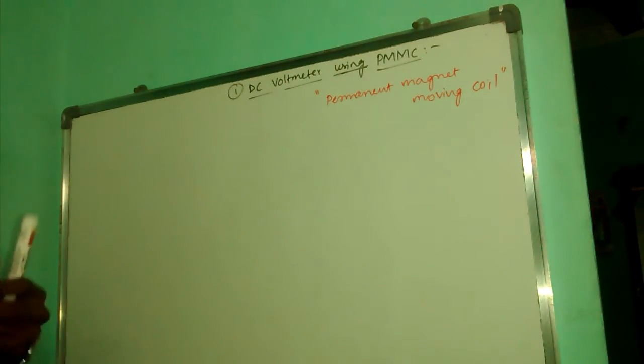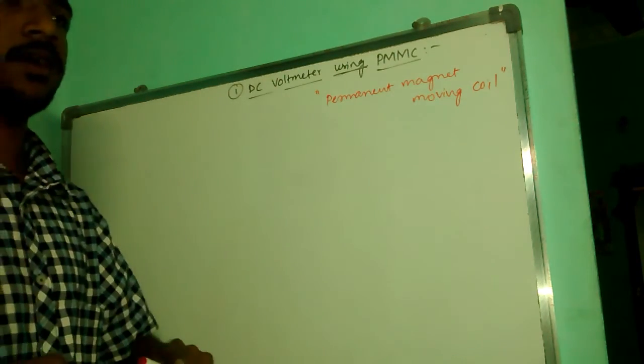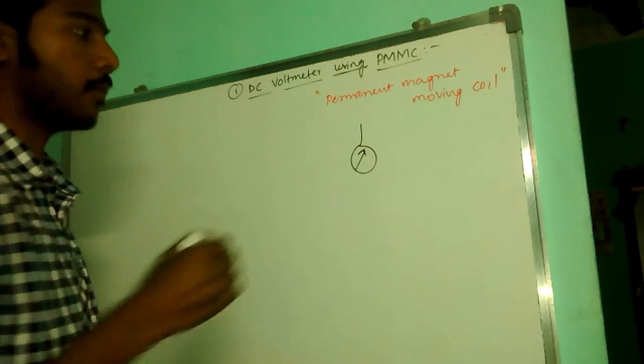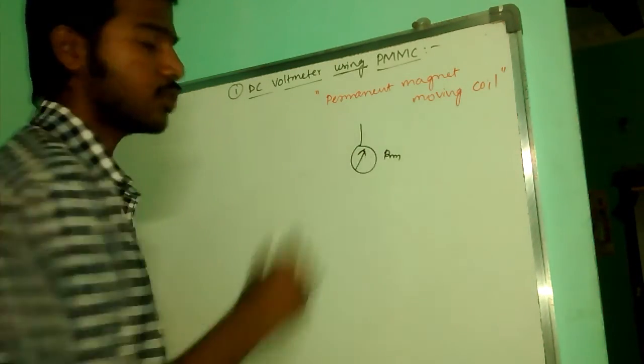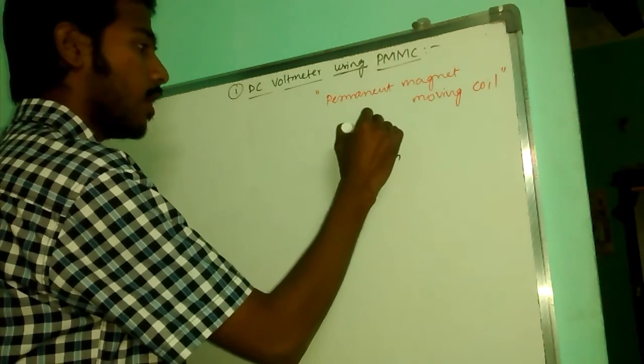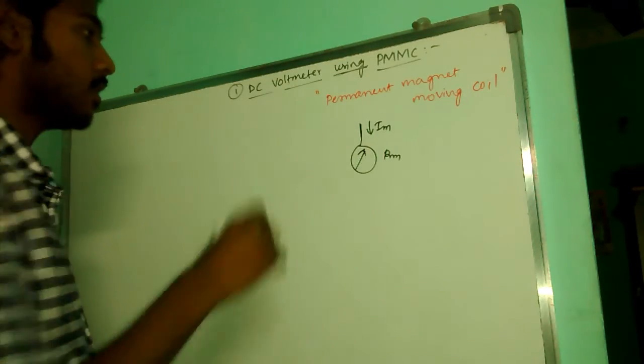You already know this. It has an internal resistance of Rm, called the meter resistance, and Im is the full scale deflection current.